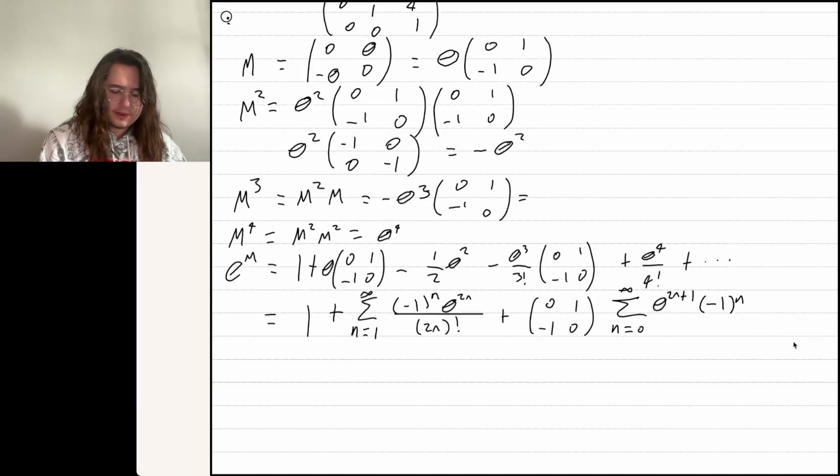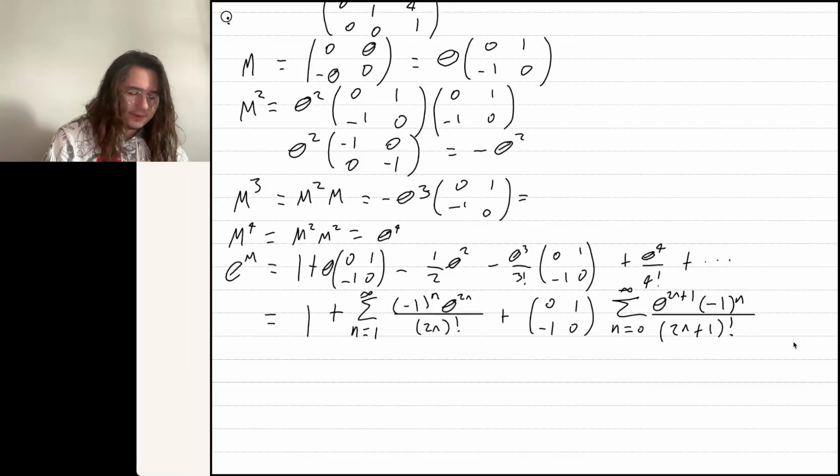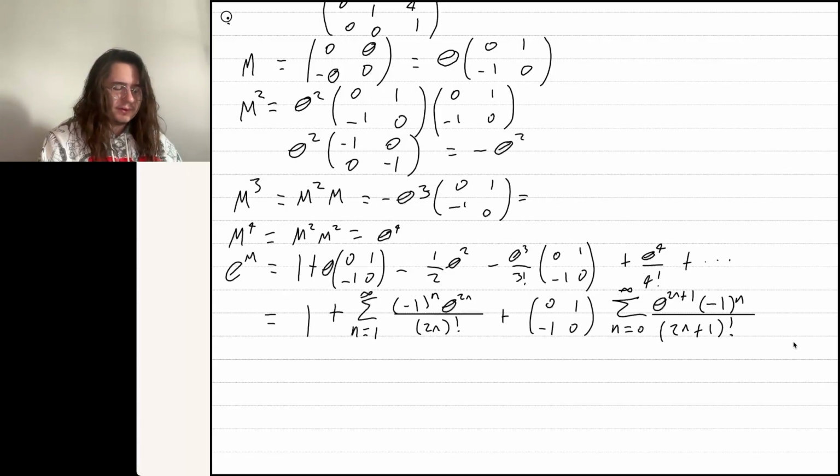And then it's divided by 2n plus 1 factorial, right? Because it's divided by 1 factorial for the first element, and then 3 factorial for the next. So 2n plus 1 factorial.